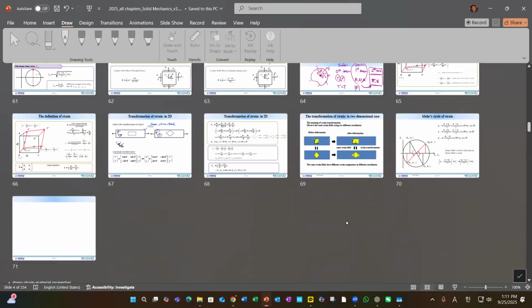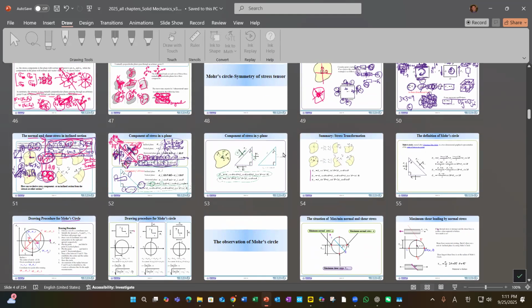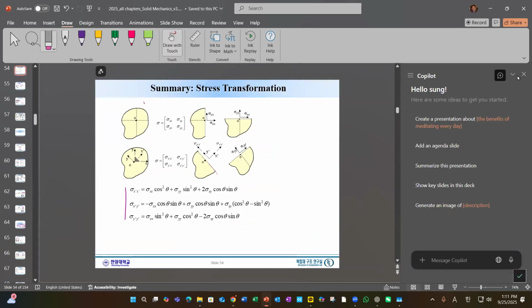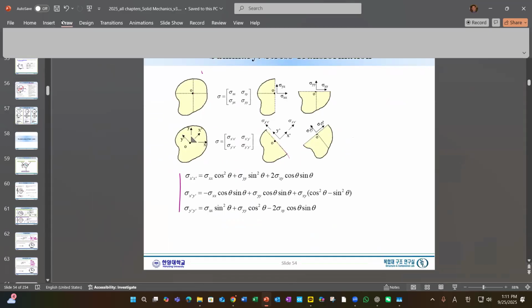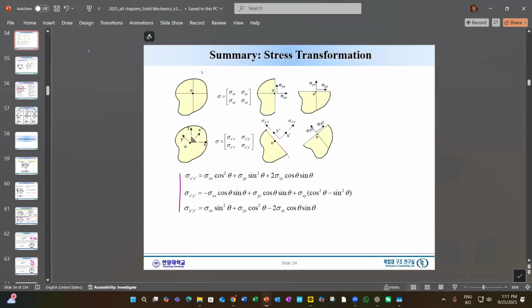And then we are at chapter 5. This is a summary of the stress transformations.